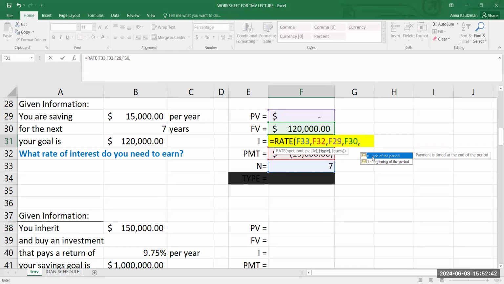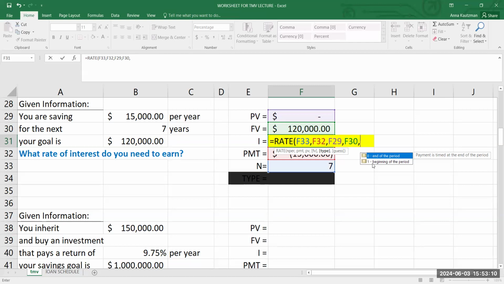So in year 1, the payment would be made at the end of year 1 and at the end of year 2 and so on. The other option is a 1, meaning it's paid at the beginning of the time period. So the first day of year 1, first day of year 2, first day of year 3, and so on.